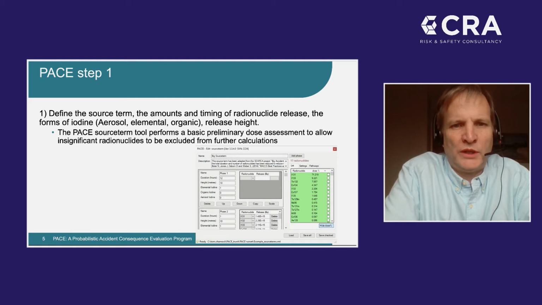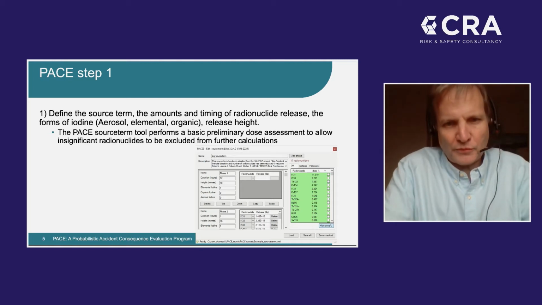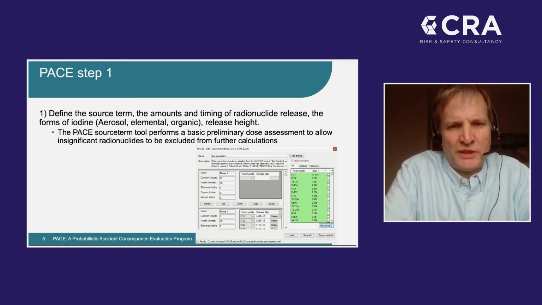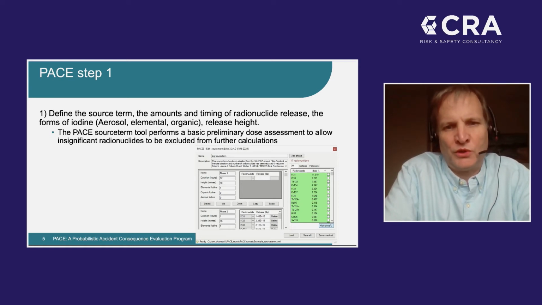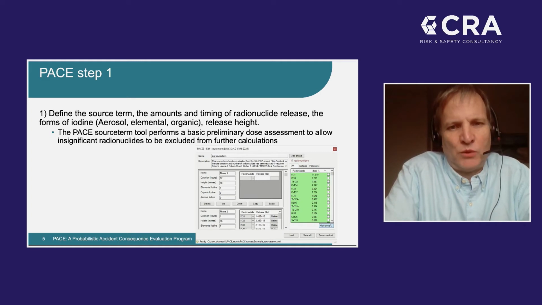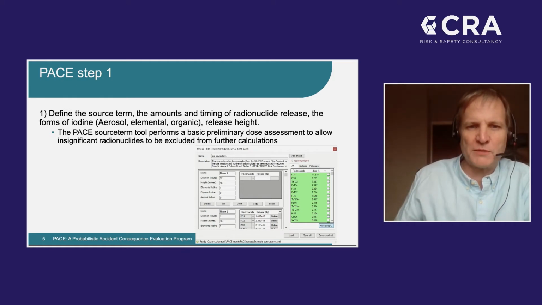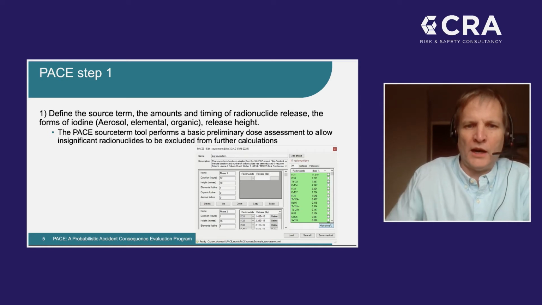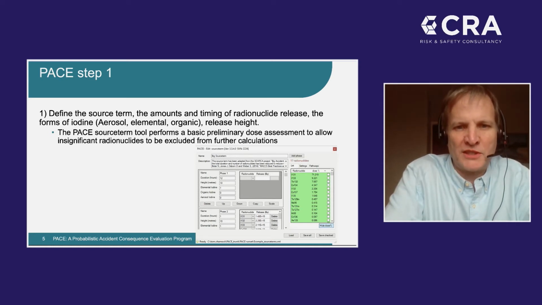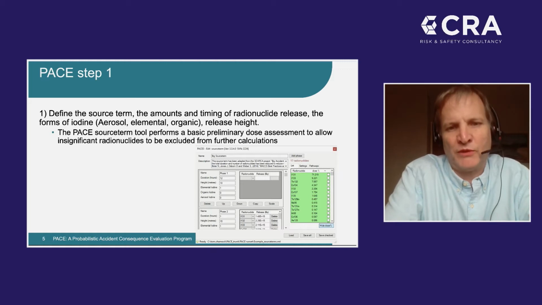It's the PACE software tool. As it's developed, we put in some basic dose assessment capability inside the tool, so you can have a look at whether you actually need to include all the radionuclides that could be released in your actual analysis. You can see here that for this particular source term, there's a phase where nothing is released that lasts about 12 hours, and then there are subsequent phases where different amounts of other radionuclides are released.